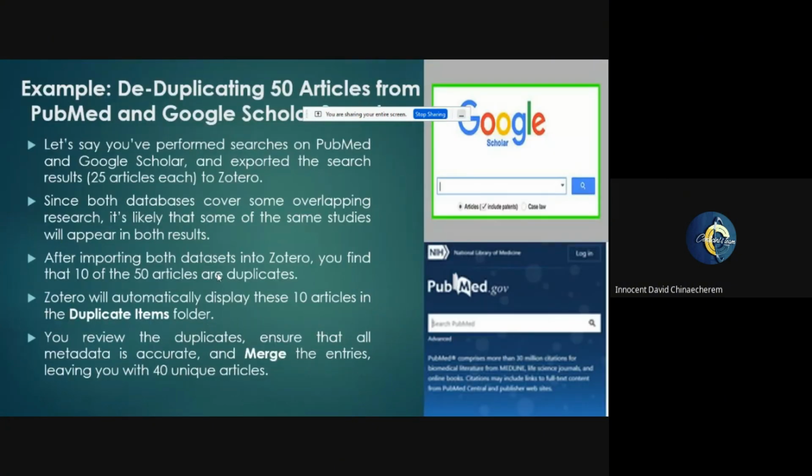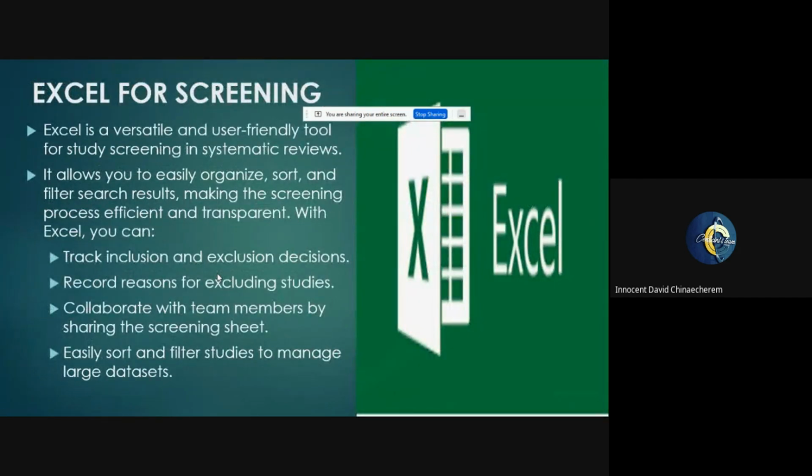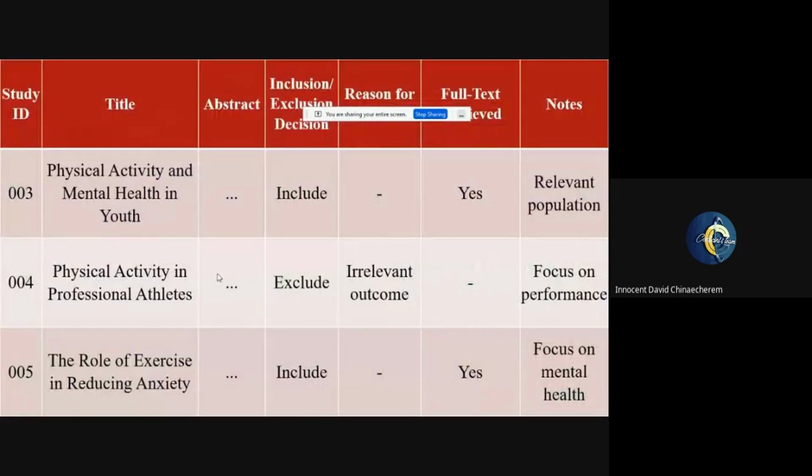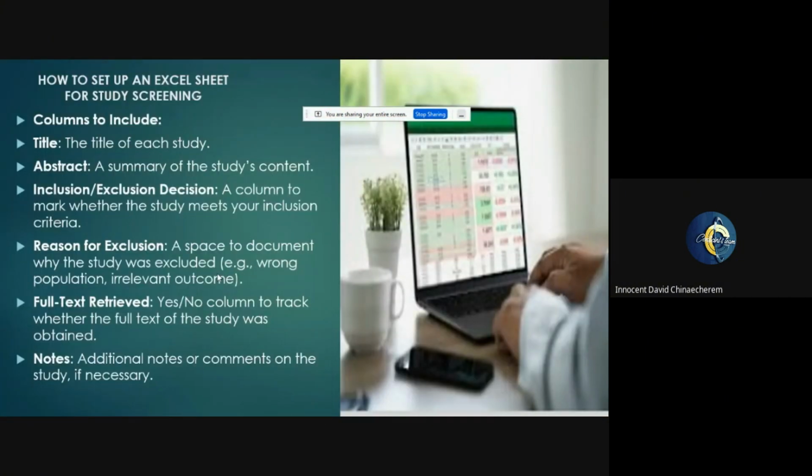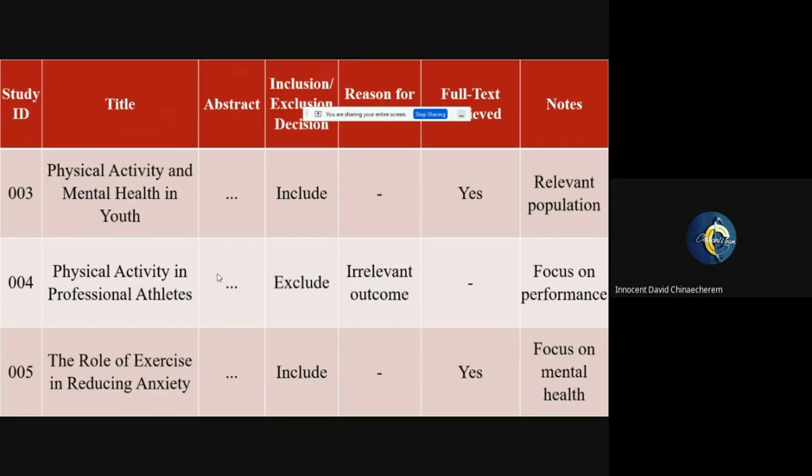We also showed how we can perform our search and export it to Zotero for our screening, and also move it from Zotero to Excel. And we also demonstrated how we could use the Excel sheet to screen titles and abstracts, and also record the reasons, which is very paramount, because recording our reasons is very important for us to document on our PRISMA flow chart.